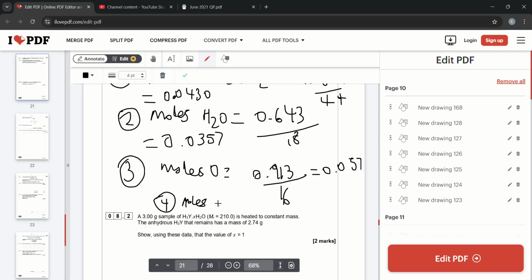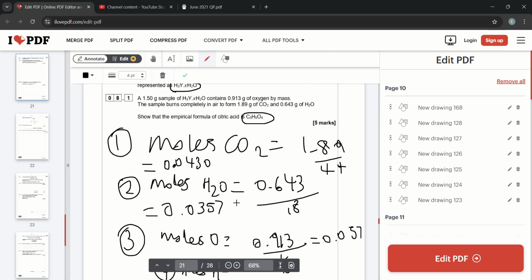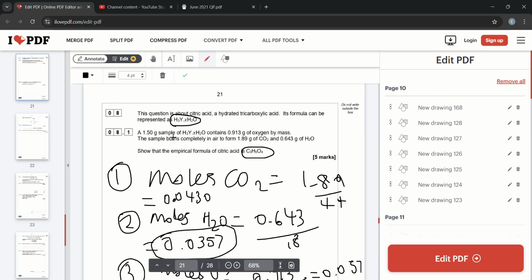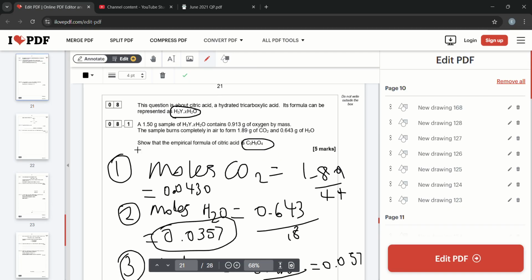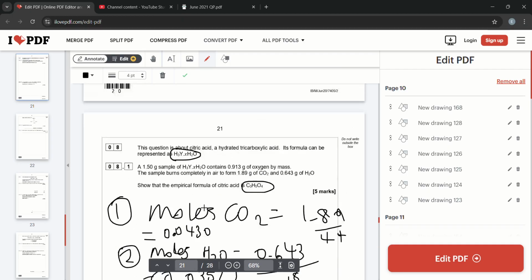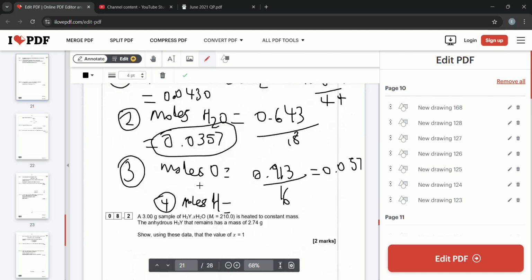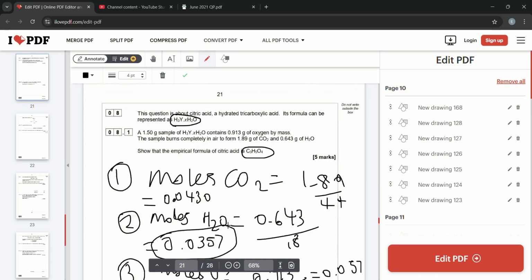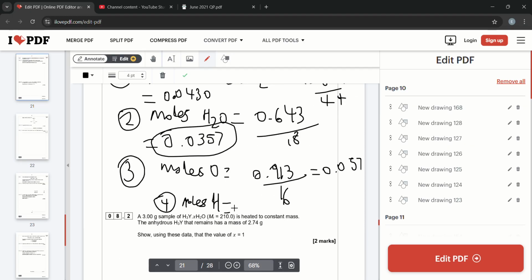And then to find the moles of hydrogen, well, we know that the moles of H2O is 0.0357, and we know we're burning a sample, and once we burn the sample we form this many moles of H2O. Therefore the number of moles of just hydrogen is going to be this times by 2.